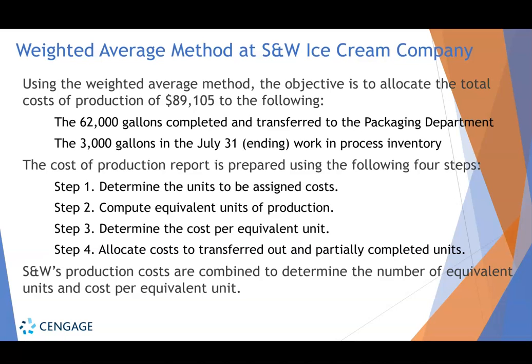The cost of production report has those steps: determine the units to be assigned, the cost to compute equivalent units, determine the cost per equivalent unit, and then allocate costs to transferred out and those partially completed units at the end of the period.